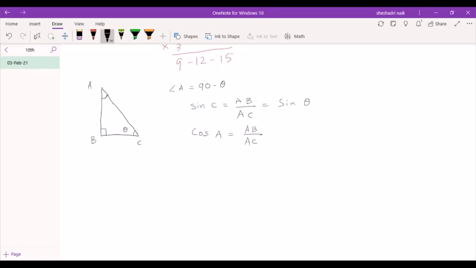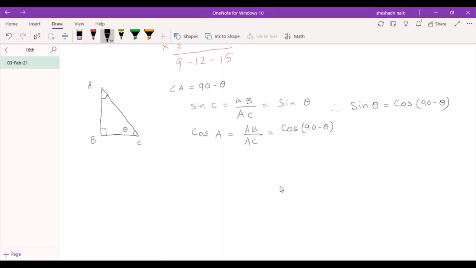But we know that angle A is equal to 90 minus theta. So I can say that this is equal to cos of 90 minus theta. Therefore, we can say that sine theta is equal to cos of 90 minus theta.